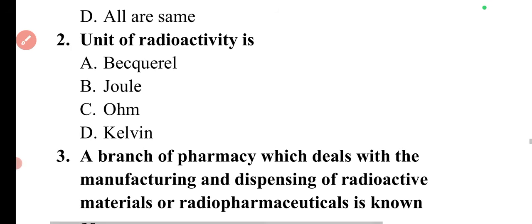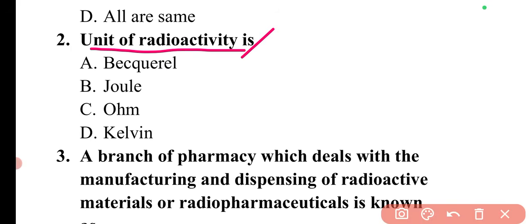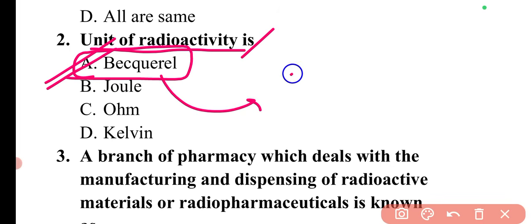Now we can move to the next question. The question is unit of radioactivity. Very important question. So unit of radioactivity is becquerel. So here option A will be the correct answer. Basically, becquerel is the unit in the SI system, and this is the unit which was named after the scientist Henry Becquerel.